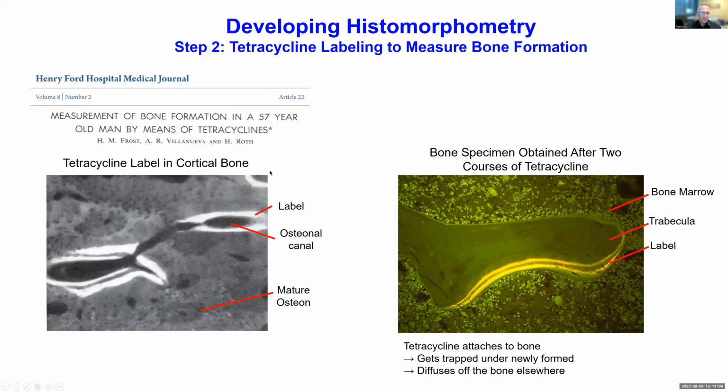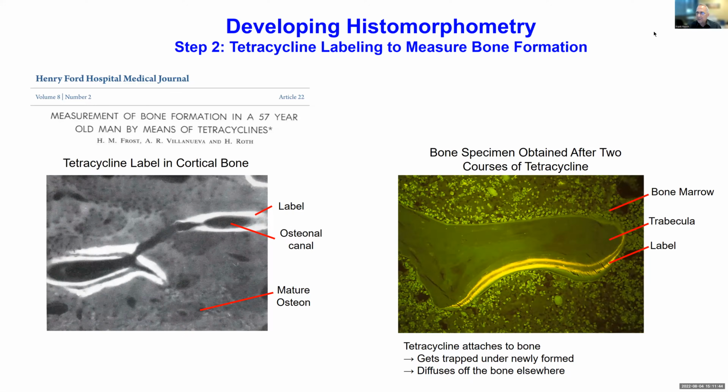And he was looking at bone sections from an amputated leg in a person who had received 2 cycles of tetracycline for clinical purposes, and he noticed that there were these bright lines that became apparent, and this corresponded to places where bone formation happened. And so then he had the idea that this could be used systematically to label places before you take a bone biopsy to measure the activity of bone formation.